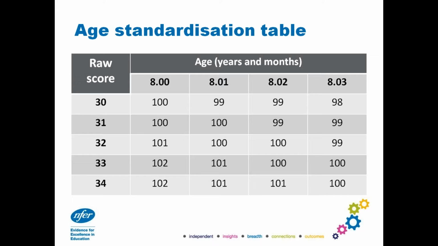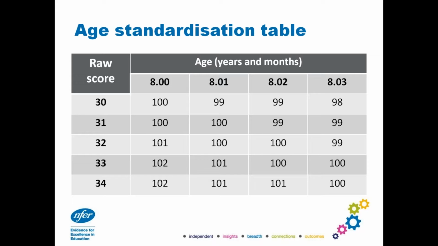So for example, an 8-year-old pupil with a raw score of 32 has an age standardised score of 101. And that's higher than a pupil aged 8 years and 3 months with the same raw score of 32, which gives you an age standardised score of 99.